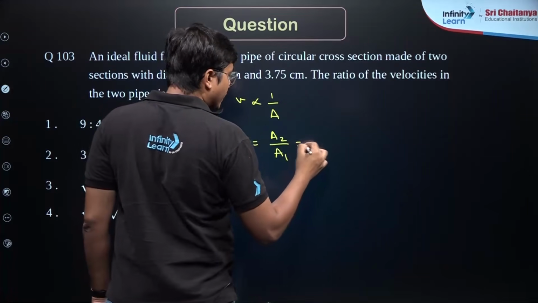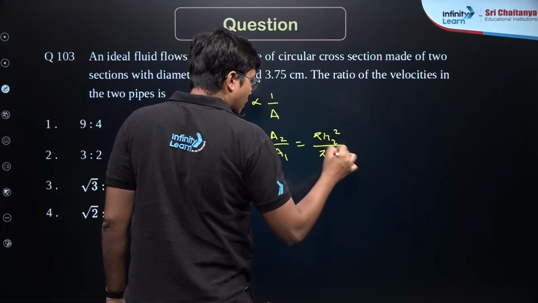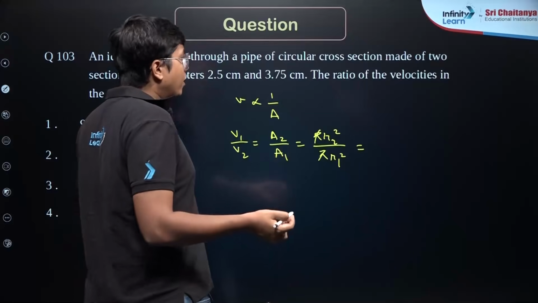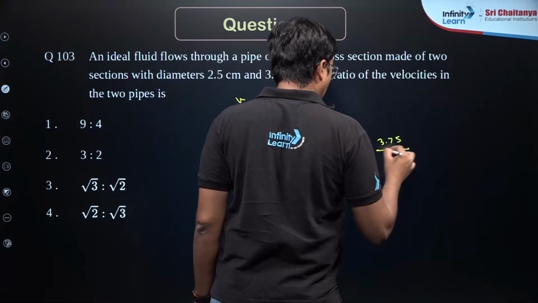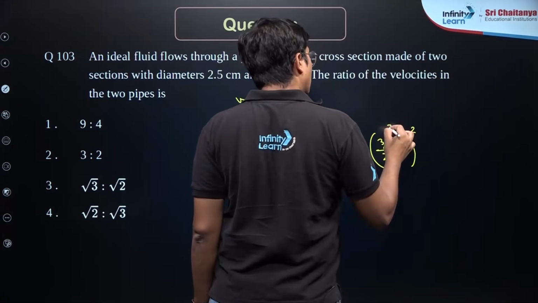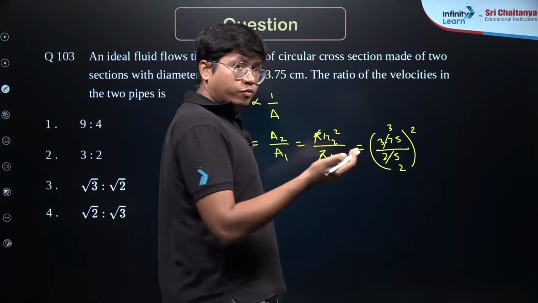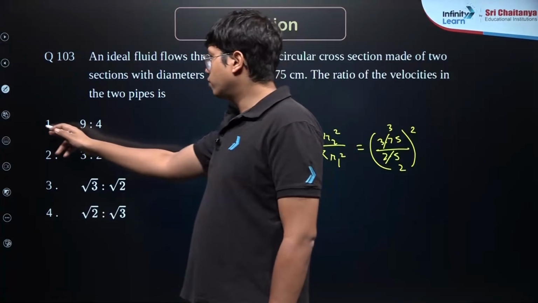Now the area is just pi R2 square by pi R1 square. Pi's cancel out. You have R2 by R1 squared, that's 3.75 over 2.5 whole square. If you cancel with 1.25, so 3 square by 2 square, it would be 9:4.